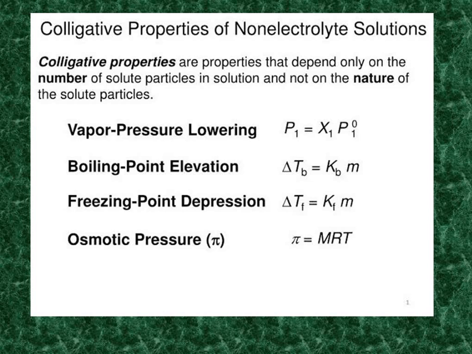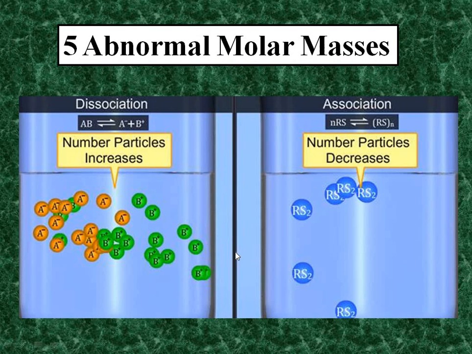These four colligative properties we just discussed. Now next is abnormal molar masses. Abnormal molar masses are masses which we think exist, but then we see how they exist or don't exist. These masses basically exist for electrolytes, because electrolytes can dissociate and electrolytes can associate.